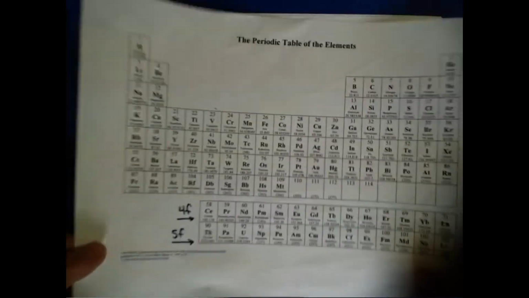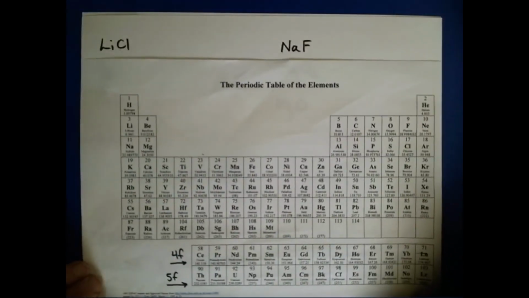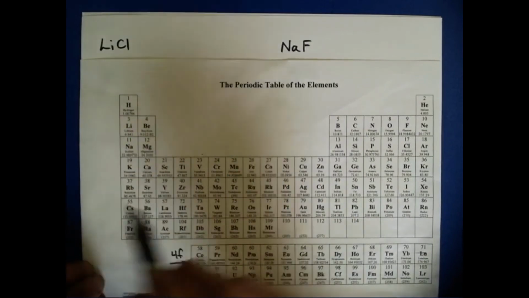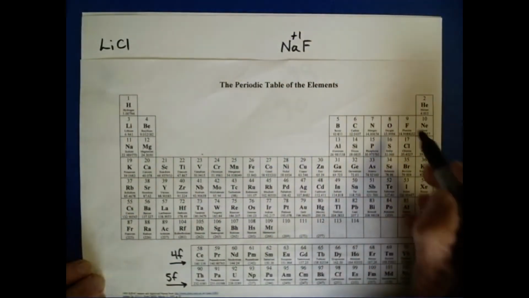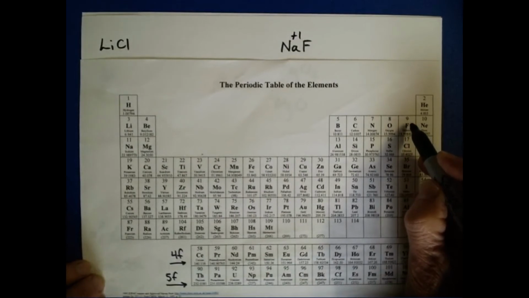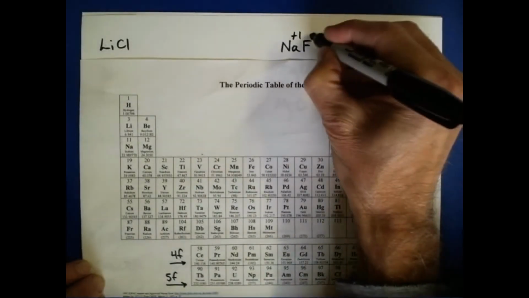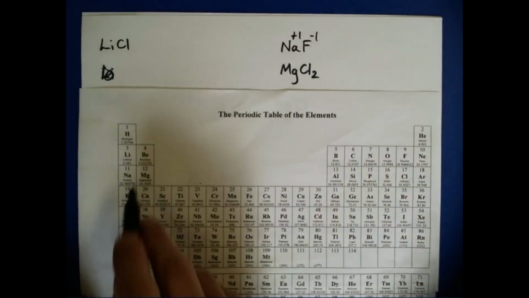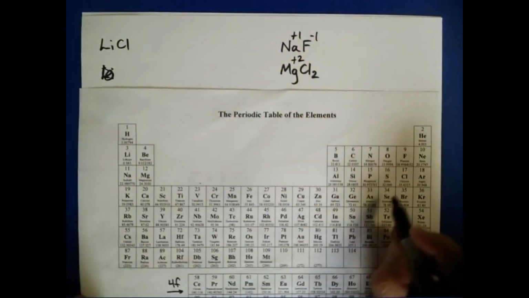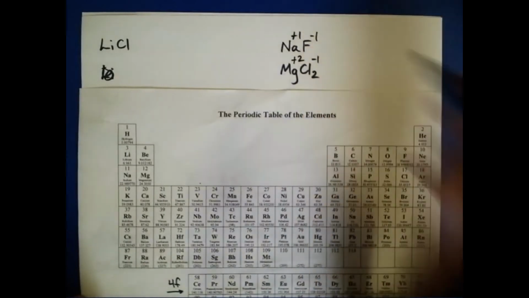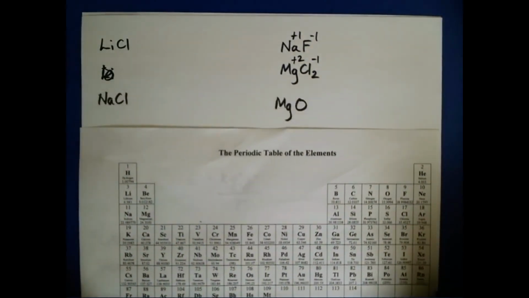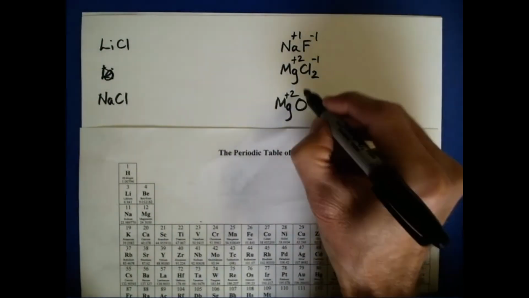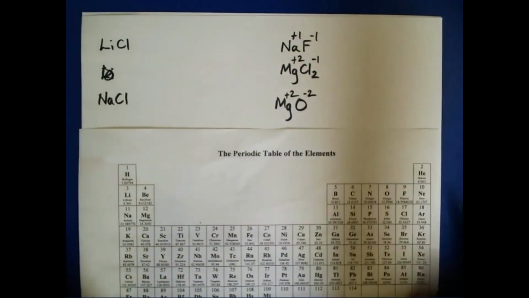So if I look at my periodic table, let's see, sodium fluoride. The sodium's going to have a +1 charge, right? It likes to lose 1 electron. And the fluoride, I should say, is going to have a -1 charge. Here, with magnesium, we're going to have a +2 charge, and the chlorides are going to have a -1 charge. And then with magnesium oxide, the magnesium has a +2 charge, and the oxide will have a -2 charge.